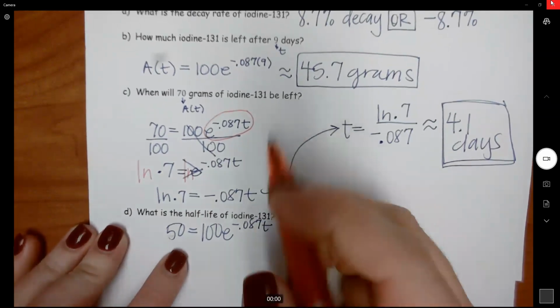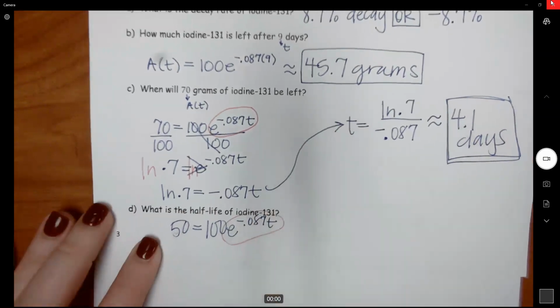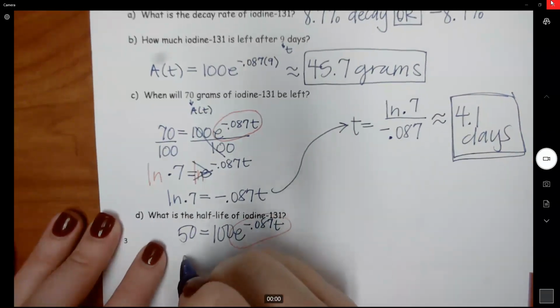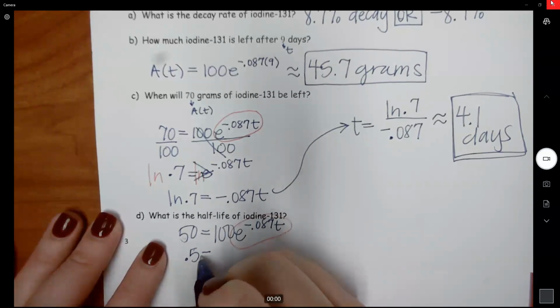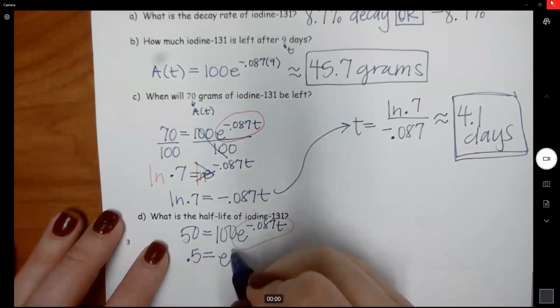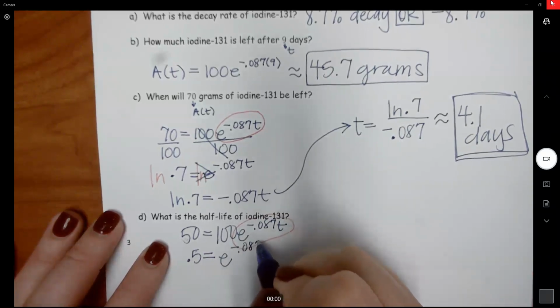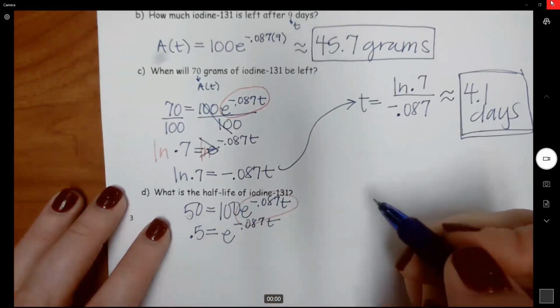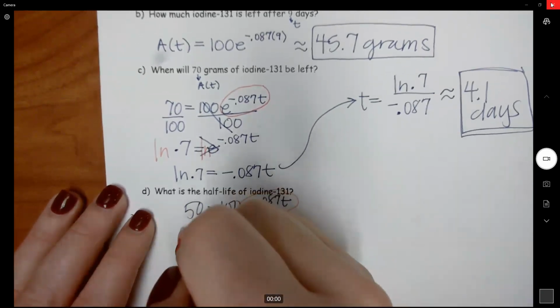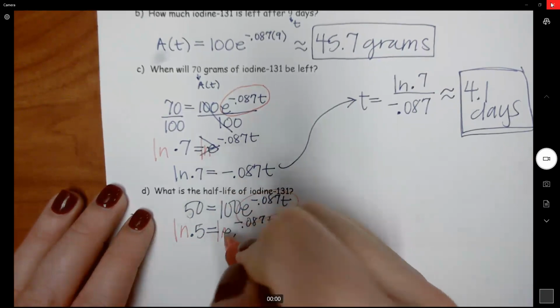So get your exponent by itself. So we'll divide that 100 over, which gives me 0.5. To get rid of that e, we're going to take the natural log of both sides.